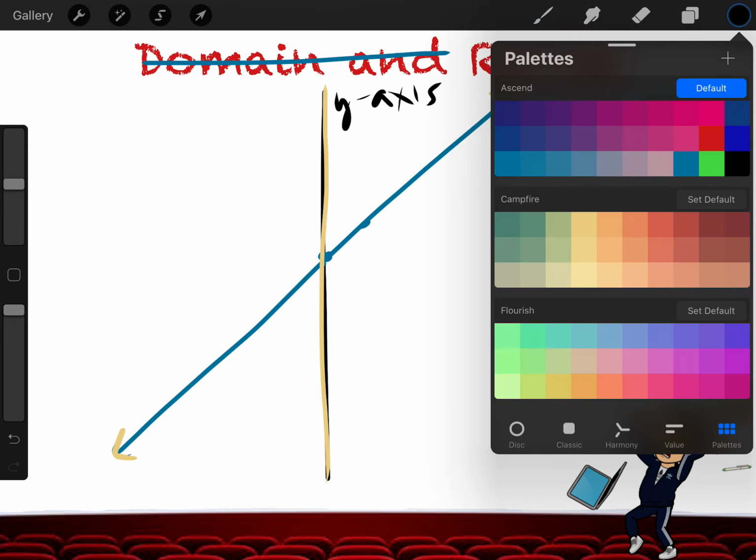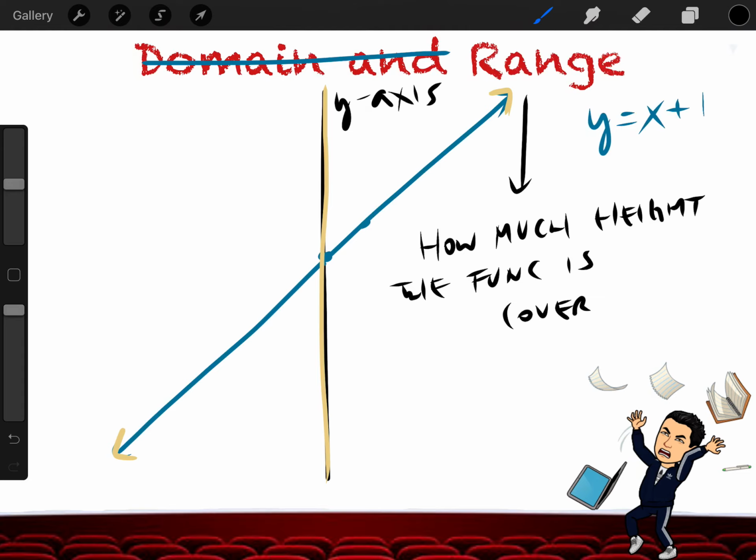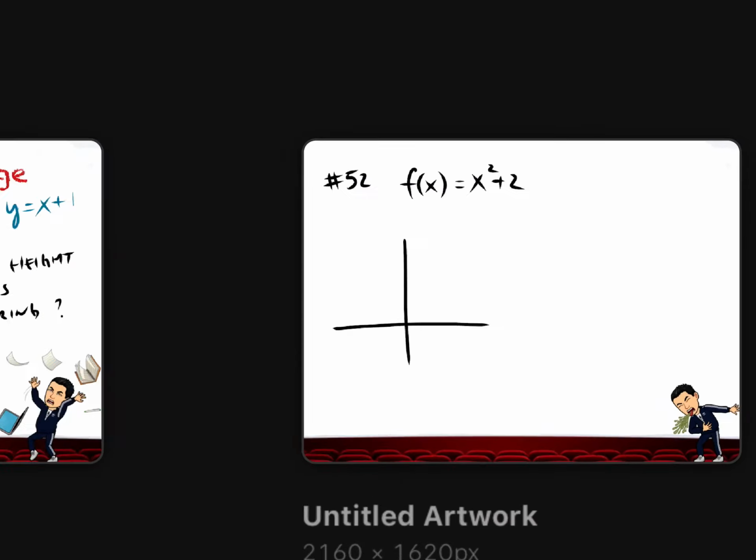So here is my explanation for the range: it's how much height the function is covering. This is an unofficial explanation, just with my own words. If you don't understand what I just said to you, go look at the book.